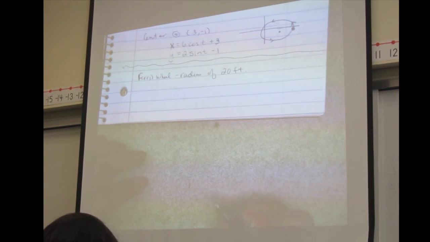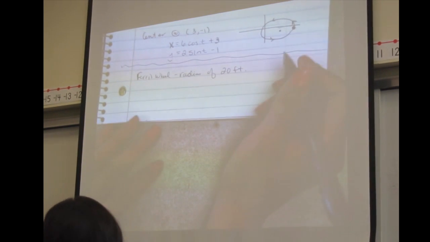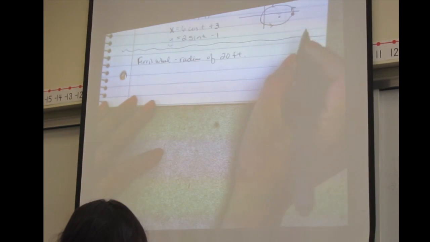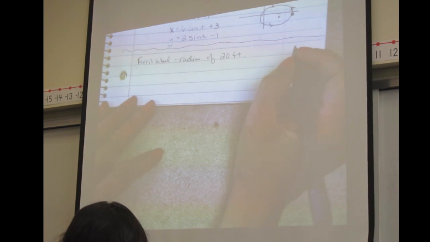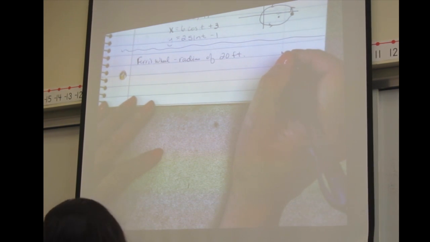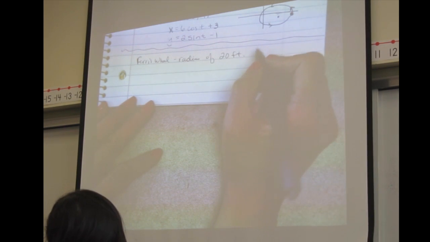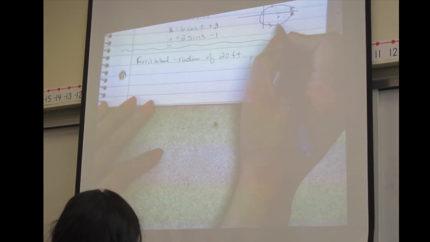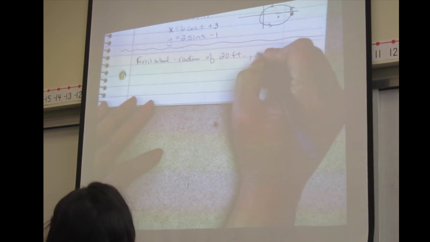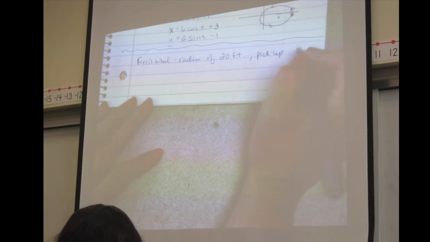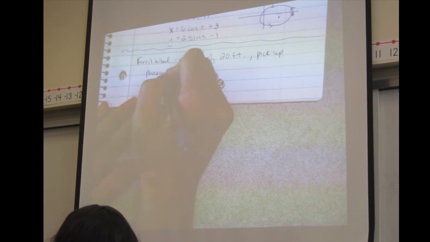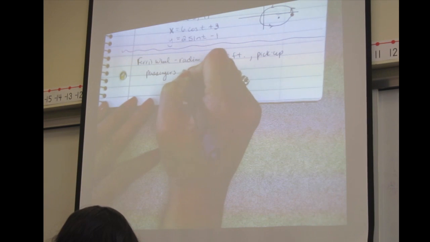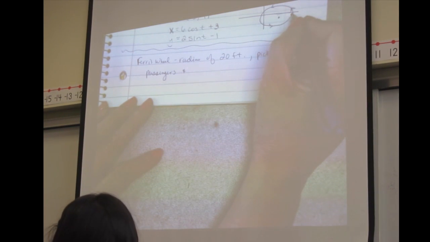So the radius is 20 feet, you are going to pick up passengers down below, right? So you're going to pick up passengers. And you want to go counterclockwise.